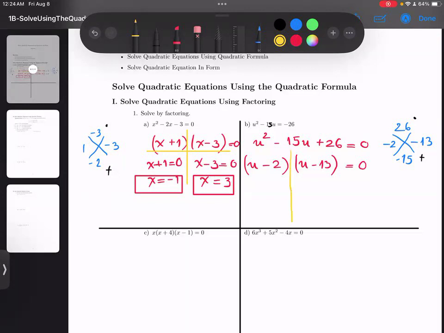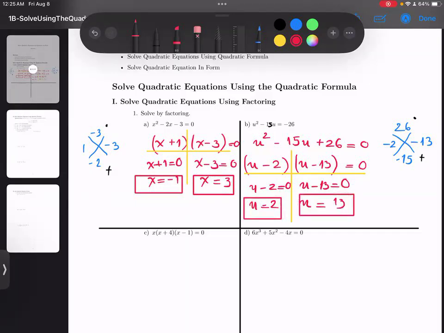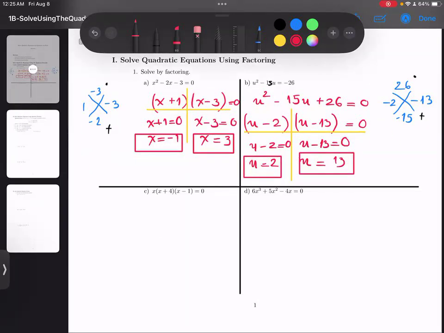And that means u minus 2 is 0, or u minus 13 is 0, so u is 2, and u is 13. Done. Of course, you can check. I'm not going to do it here. Just review.